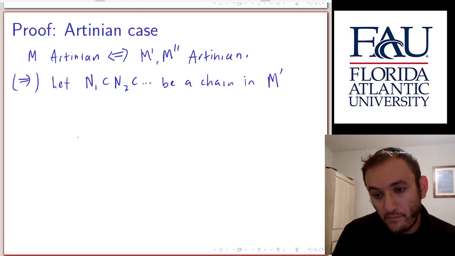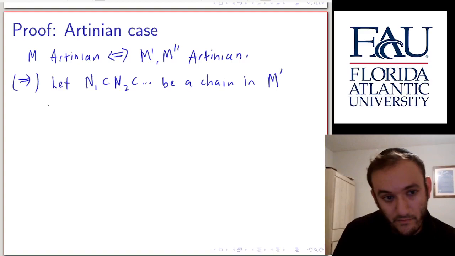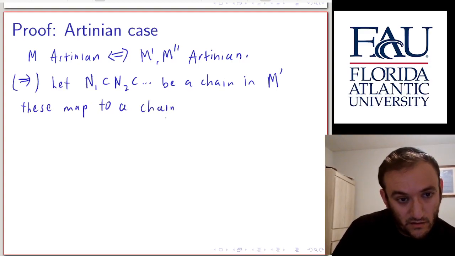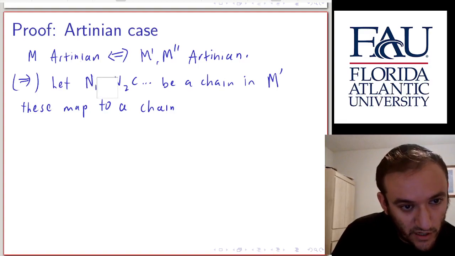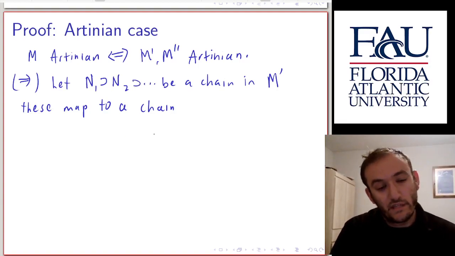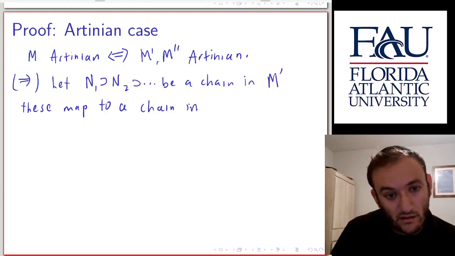Then by applying the map to M, these map to a chain. Oh, I'm sorry, we're talking Artinian still, so we have to have a descending chain. So these map to a chain in M.